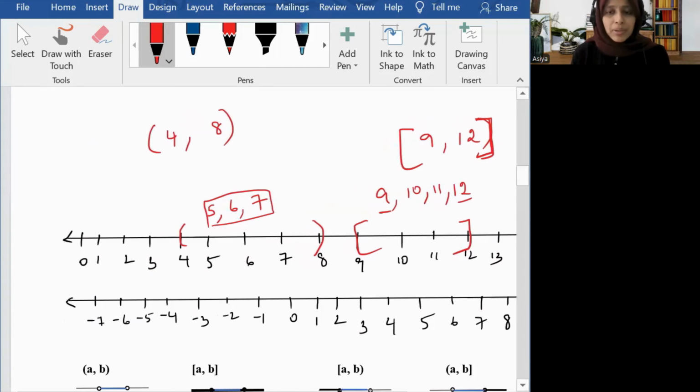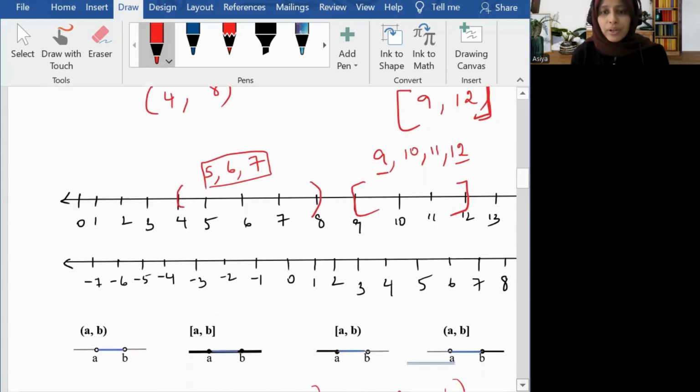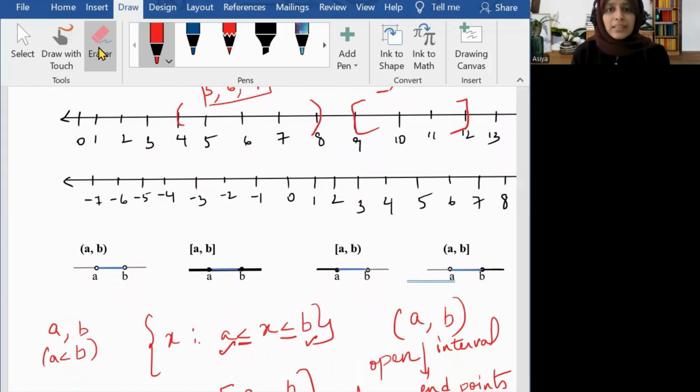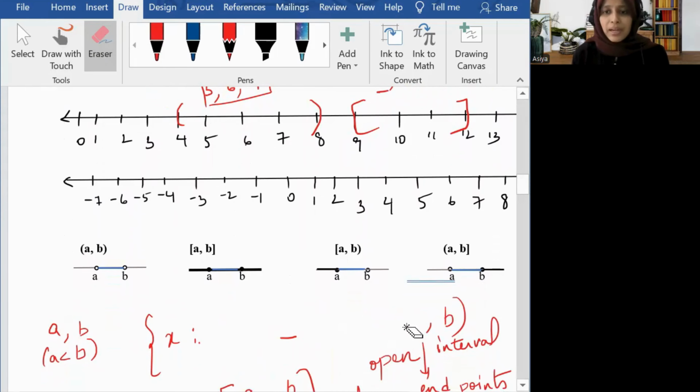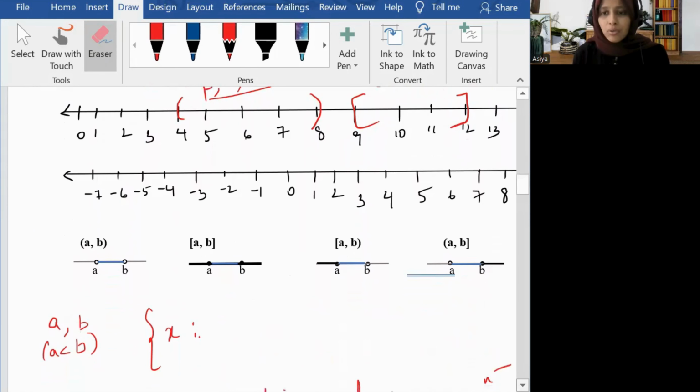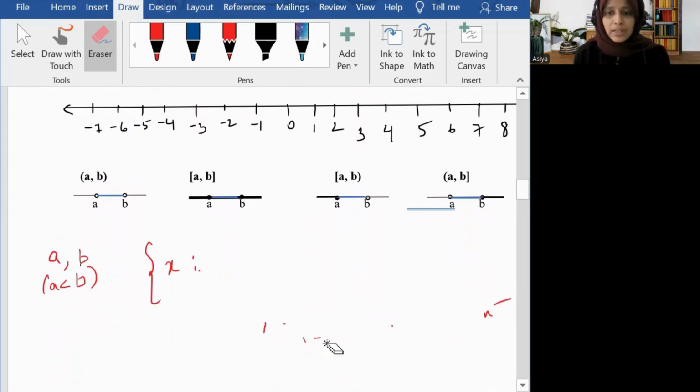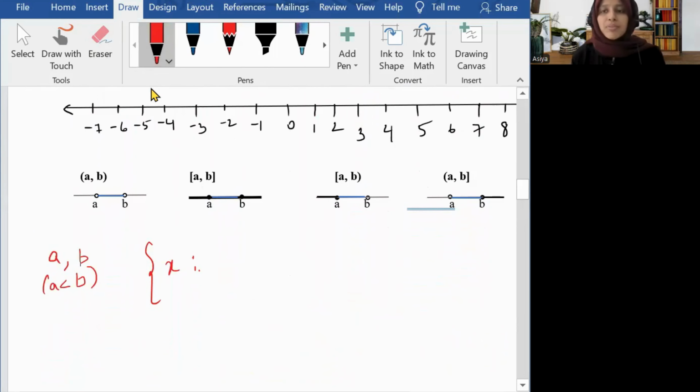Now there is a possibility that one endpoint could be a closed interval and the other endpoint can be an open interval. Let's see if that's possible and how we represent it if one is closed and the other is open. Let me first write it down in set builder form.